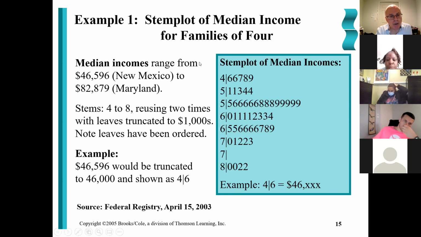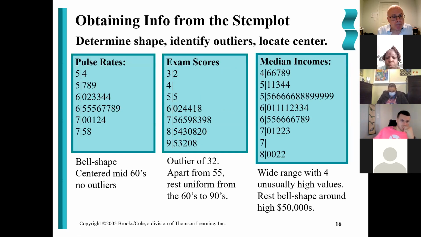They're plotting on the left the 10,000th digit, this first digit, and then the leaves are the thousandths digit, and they're just saying, all right, it doesn't matter about these 3 digits here. Any numbers that have 46,000 would be listed as 46 over here. So it's a little confusing if you're not used to seeing something like this. I would never give you an example like this, by the way, as far as a stem plot.